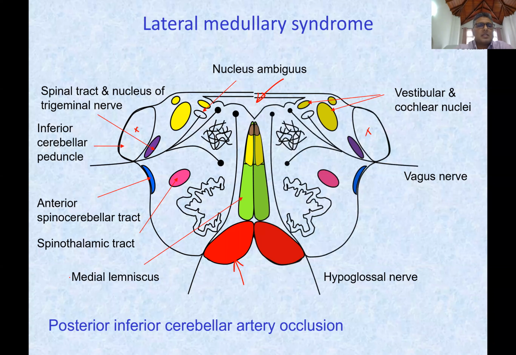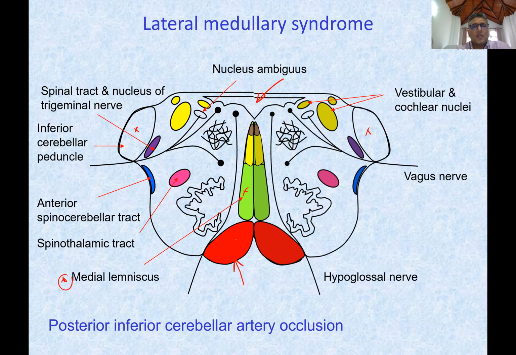And this medial lemniscus, by now you should know it, it is the posterior white column. Posterior column tracts going up after crossing. They cross in the lower medulla, the closed part of the medulla. Now this is the open part of the medulla. So you have the crossed medial lemnisci, crossed fibers of the posterior white columns of the spinal cord.